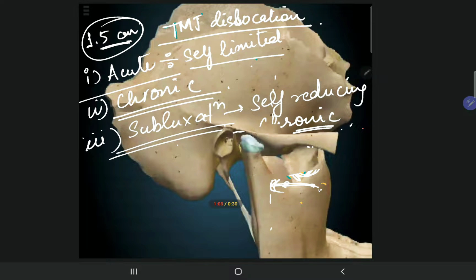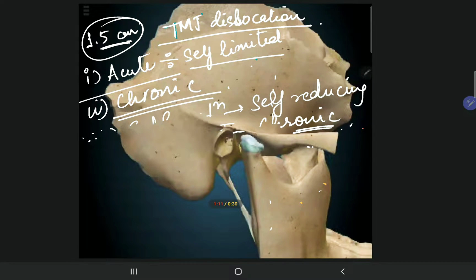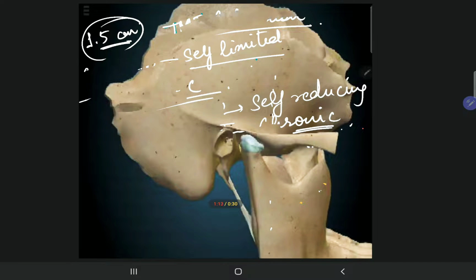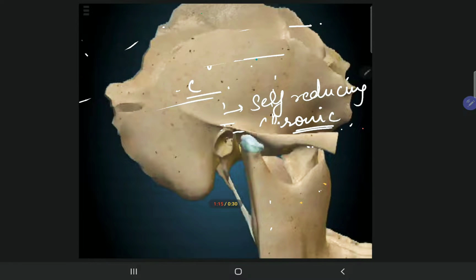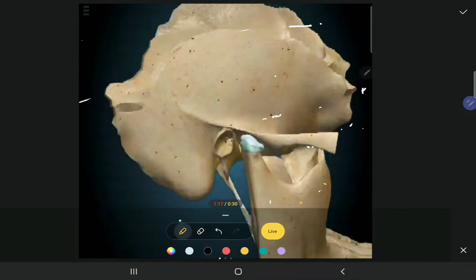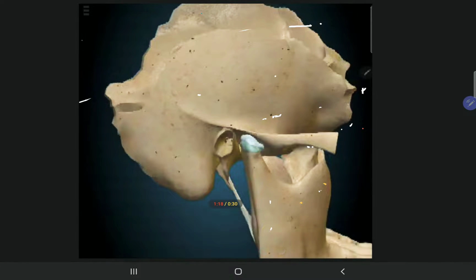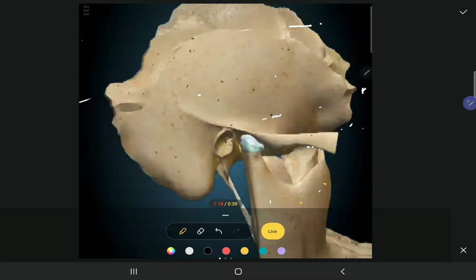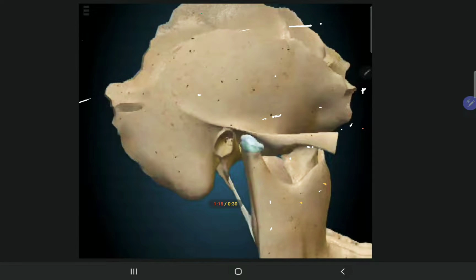The first one is, let me just show you the situation so that you understand it better. Say suppose the situation is like this. See, this is the articular eminence, right.